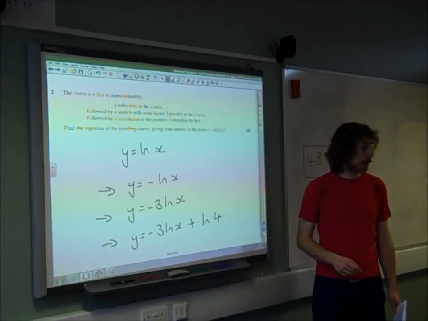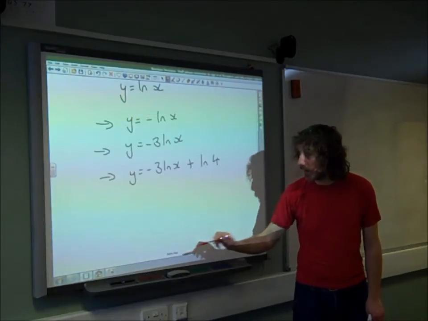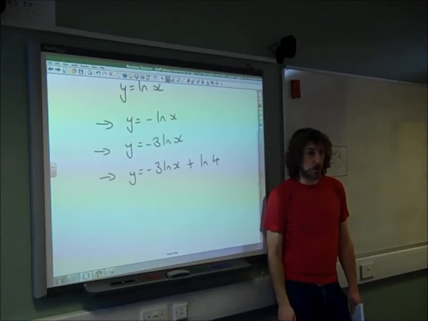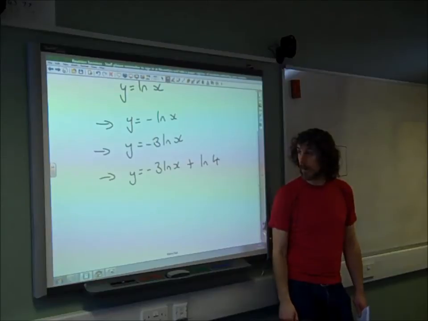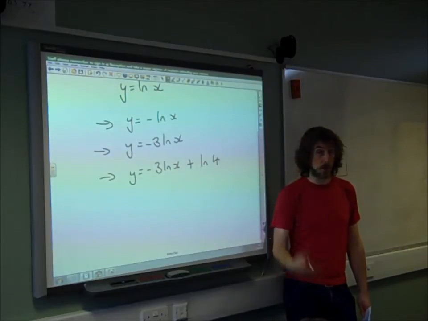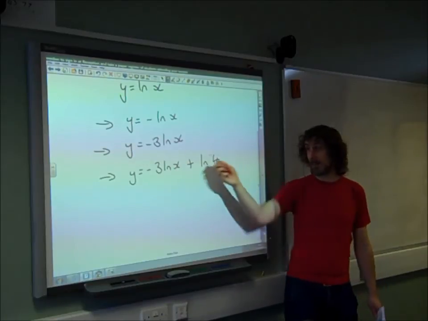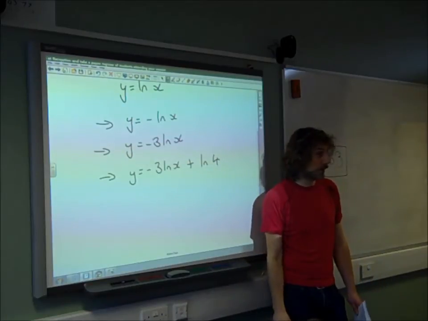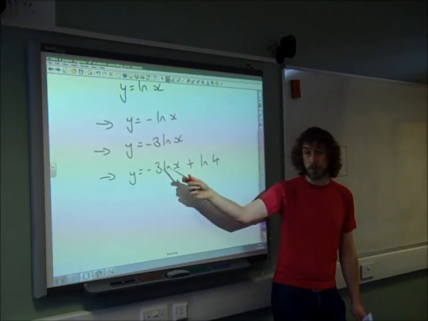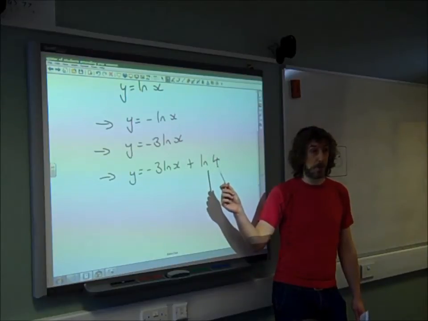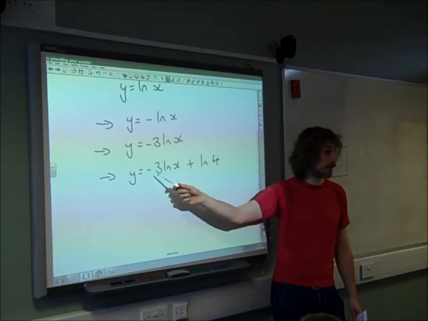So we go back to the happy days of core 2 and our laws of logarithms that we learnt, and see if we can work something out with these. Now, when we did the laws of logarithms, you had this one where you added things together, but you could only do that if the number in front of the log was the same. So before we do anything else, we need to sort out this -3.